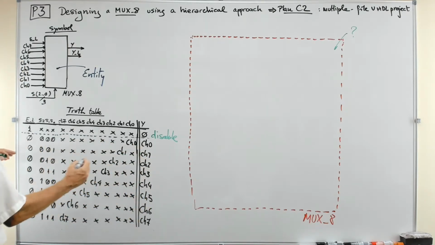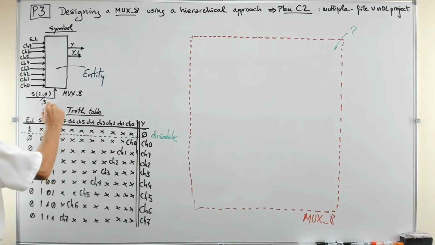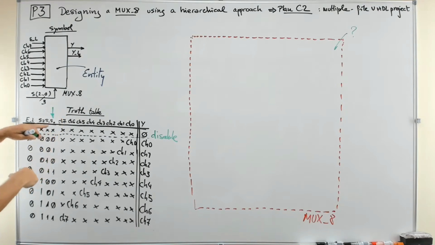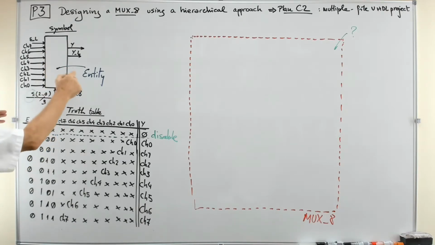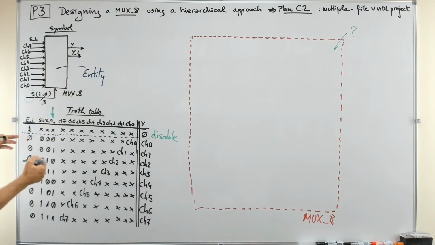So if you are thinking on the S0, the S is the selector, depending on the binary code that you are applying here, you are selecting one channel or another. So if you think only, not on the 3 wires, but only on S0, what do you see? 0, 1, 0, 1, 0, 1, exactly a pattern that repeats all the time like that.